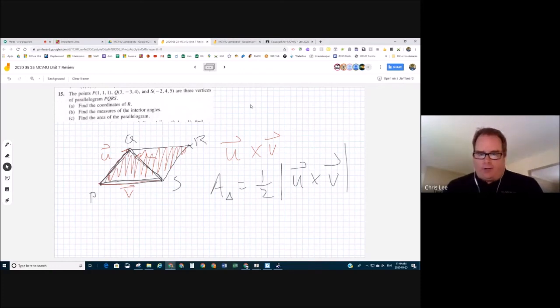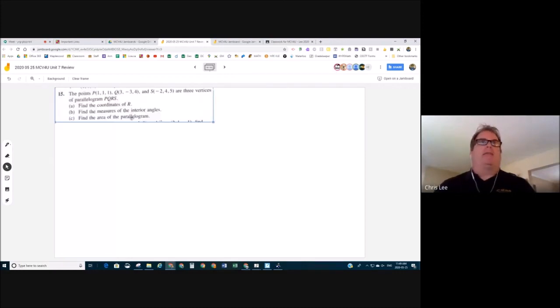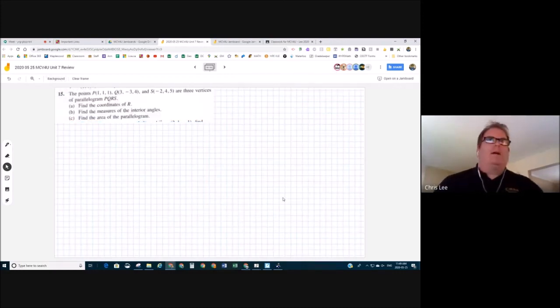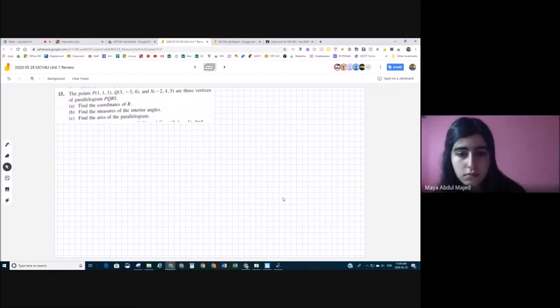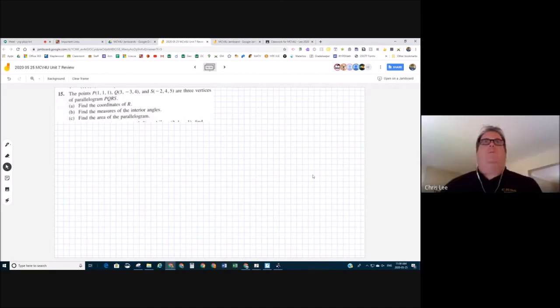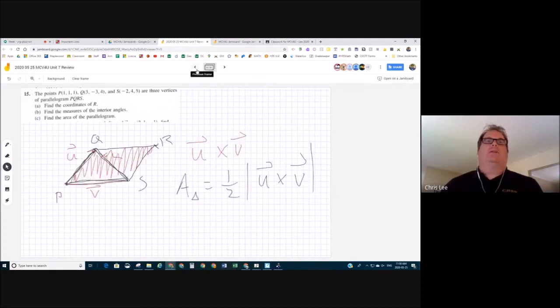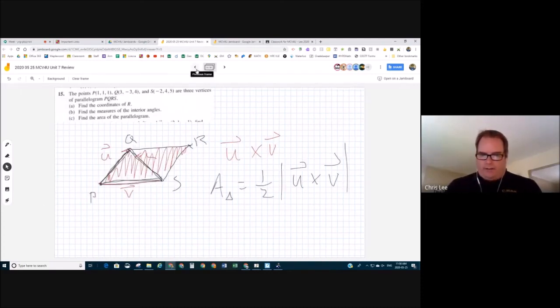I've drawn this picture just to explain it, but really what we're going to do is just do the math on it. This is the conversation that I was having with Maya, that in order to do the cross product, you must have the vectors starting from the same spot.